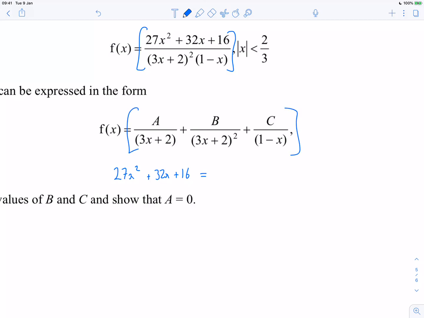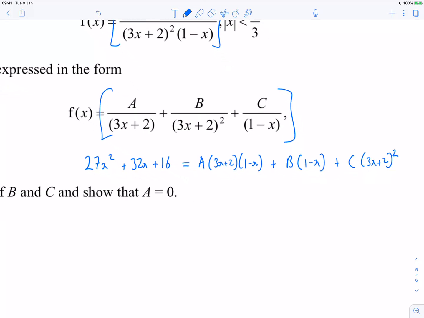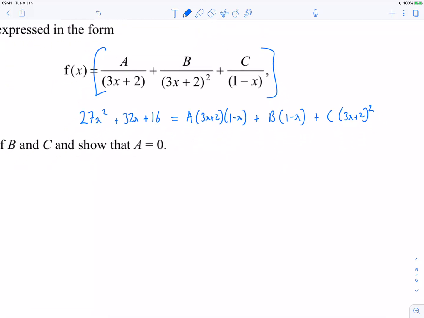Now, one of the 3x plus 2's will cancel, so this will be a lots of the other 3x plus 2 multiplied by 1 minus x, plus b lots of, now there's a 3x plus 2 all squared on the bottom, so I'm not going to have any of those, so that's just going to be a 1 minus x, plus c lots of, and well, the 1 minus x would cancel, so I'm left with the 3x plus 2 all squared. Okay, because there's repeated factors, probably going to do substitution and then compare coefficients at the end to check.